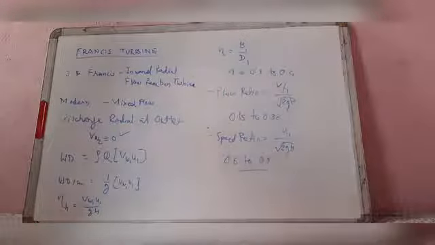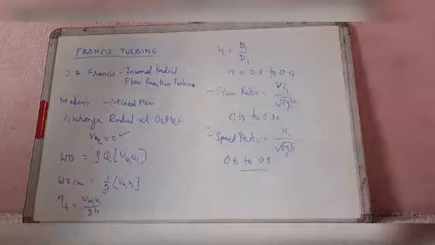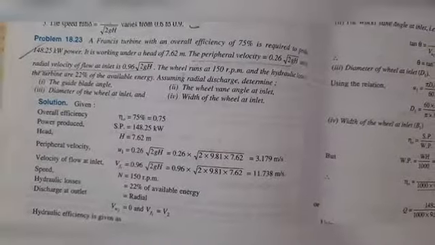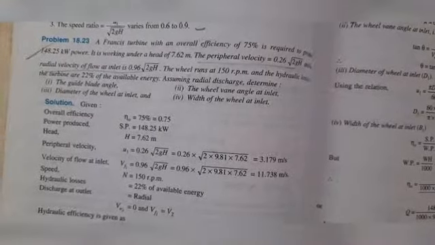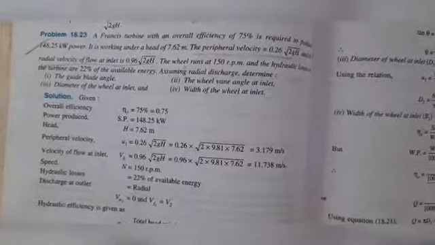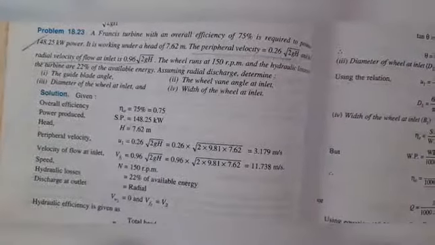Now we will solve some numericals on the basis of these equations. A Francis turbine with an overall efficiency of 75% is required to produce 148.25 kilowatt power.